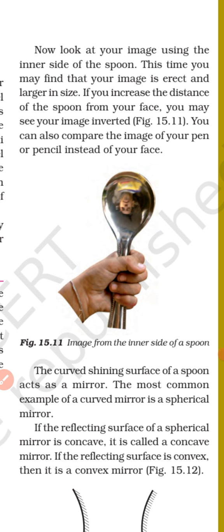If you keep your pen in front of the spherical mirror, then also you can find inverted and erect images in case of concave and convex side of the mirrors of the spoon. Clear till here?